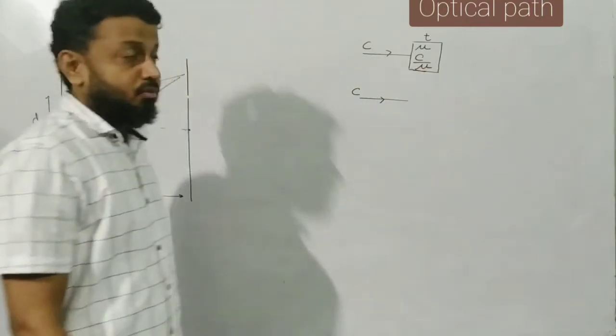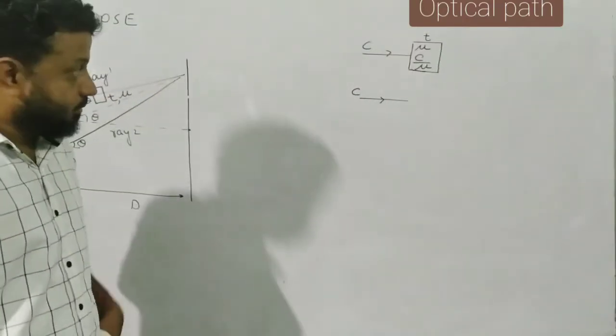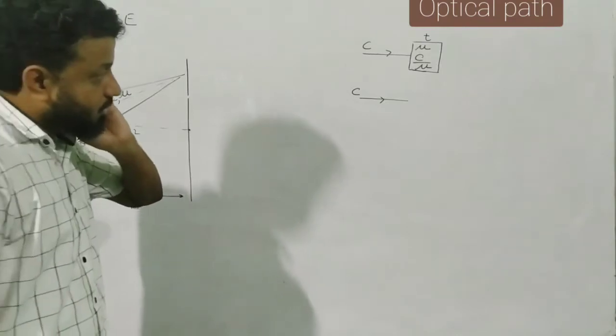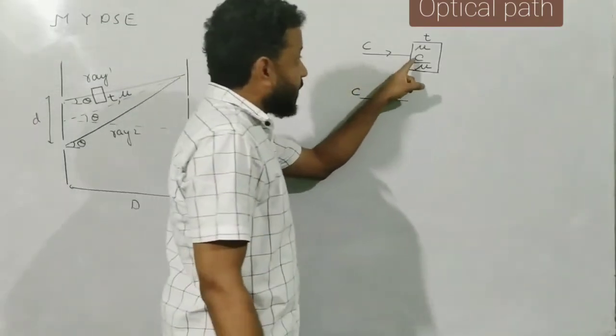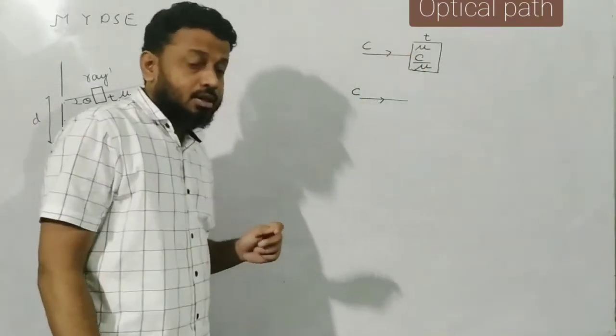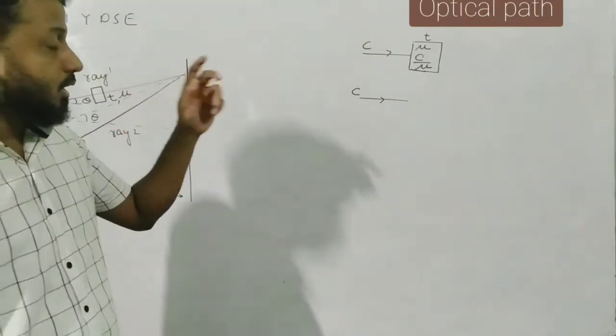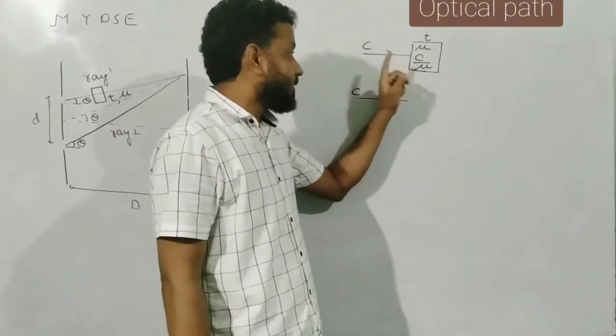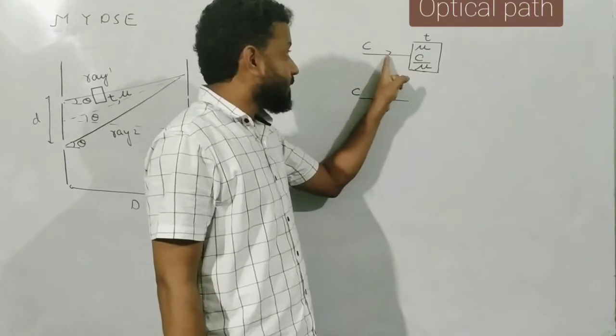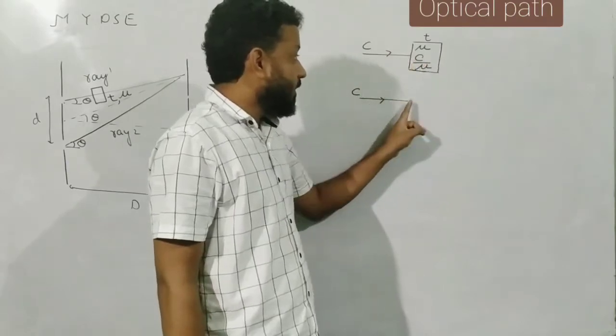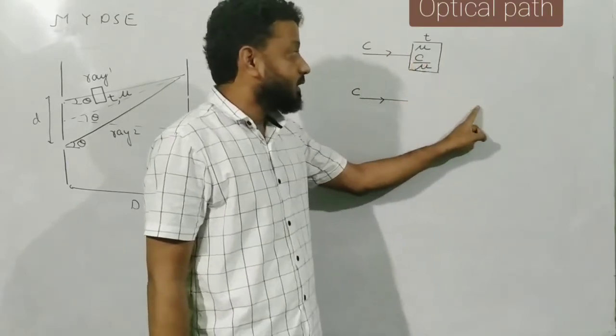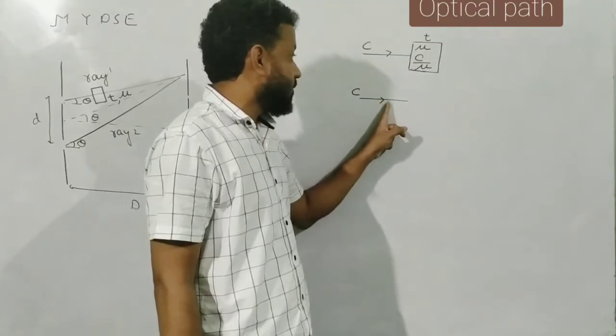Correct? Where mu is the refractive index. So if the velocity has become less, then by the time this ray travels from here to here, this ray will travel a larger distance, because this is still traveling with a velocity of c.